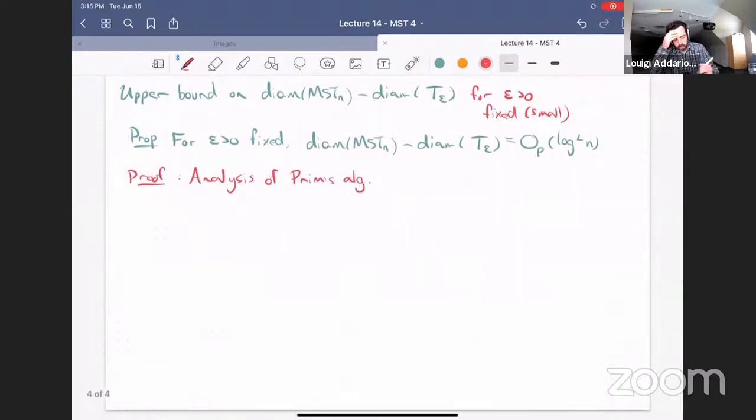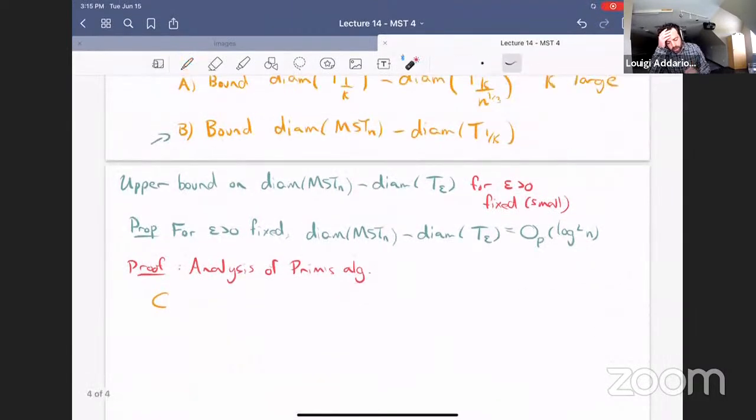Okay, so I want to think about conditioning on the graph. I'm interested in understanding the diameter increase between time epsilon, so here we're sitting in G(n, (1 plus epsilon) over n), and what happens after this time going up to time 1?